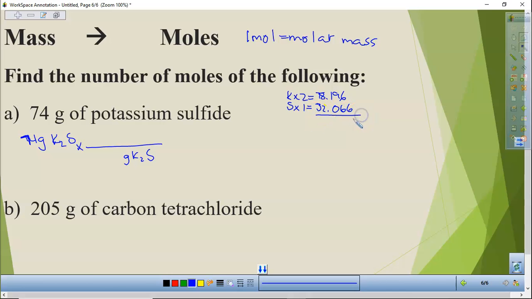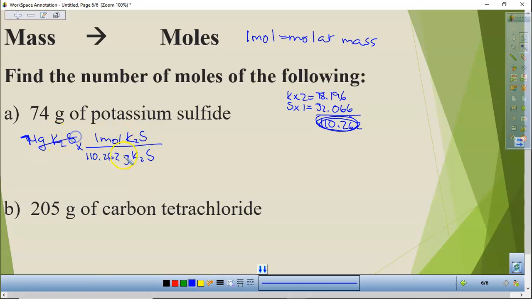Then you add those together. So plus 32.066, and I get 110.262. Okay, that's the molar mass in 1 mole of potassium sulfide. So I'm going to go over here and put that in here. 110.262 grams in 1 mole of K2S.